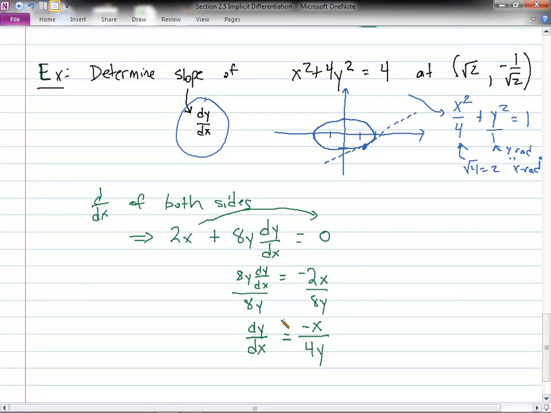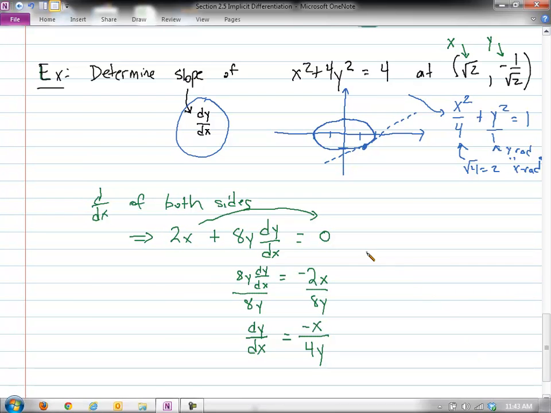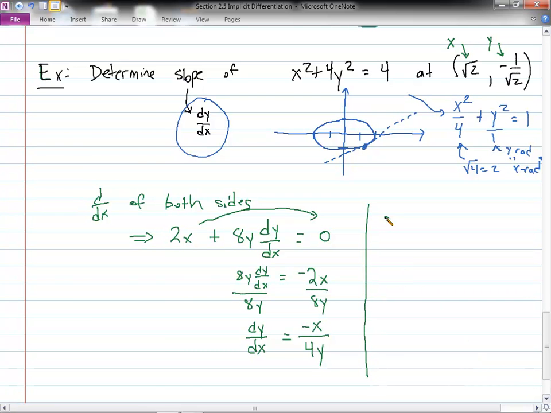But to find the actual slope, what are we going to do now? Up here is my x, and right here is my y. They tell us the points on the graph. So at the square root of 2, negative 1 over square root of 2, if we plug those in, dy/dx would be equal to negative square root of 2 on top, divided by 4 times a negative 1 over square root of 2.